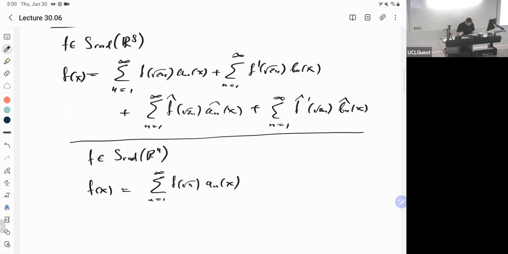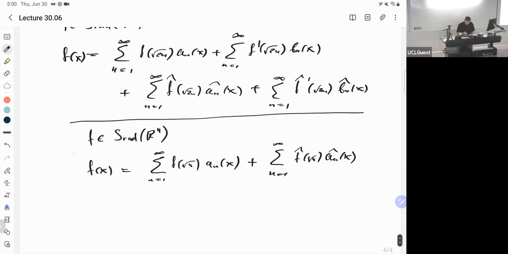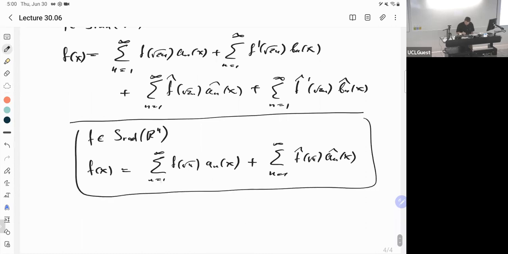So you have 2 times fewer functions. So this result is tight. This summation actually has to start with 1 on both sides.